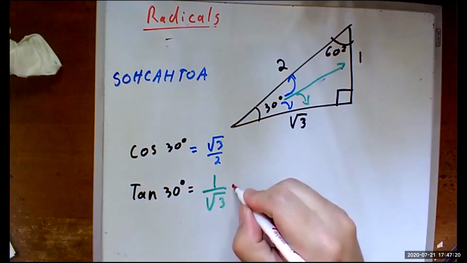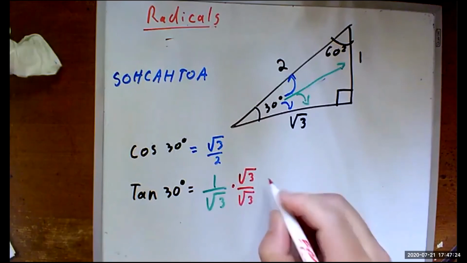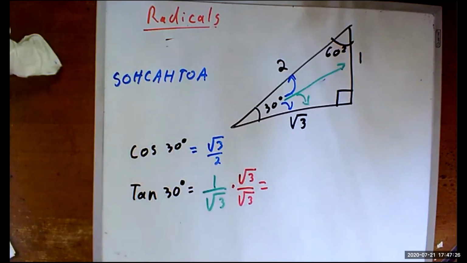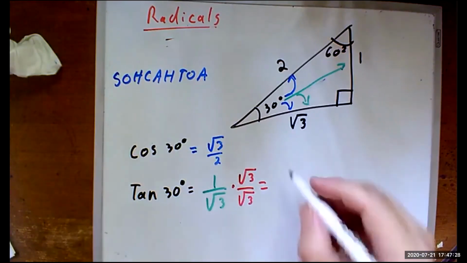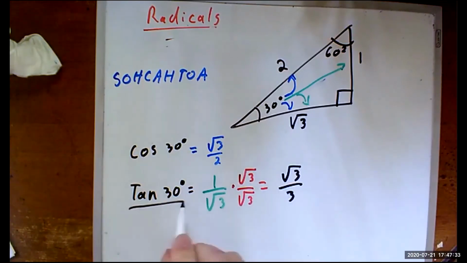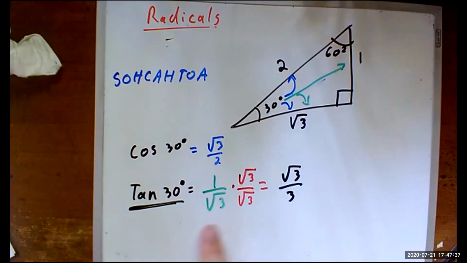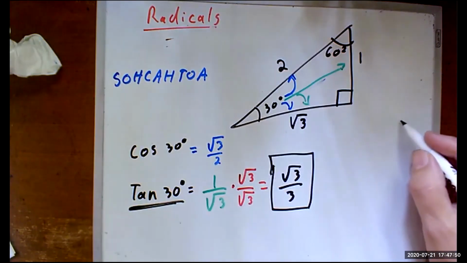So it is sort of taken as given, because that's the way it reads when you just put it out, that you are going to rationalize that denominator automatically in your head, so that the answer we actually come out with should be root 3 over 3. So if somebody's asking for the tan of 30, you're looking at your special triangles, you want to automatically convert it to that form.